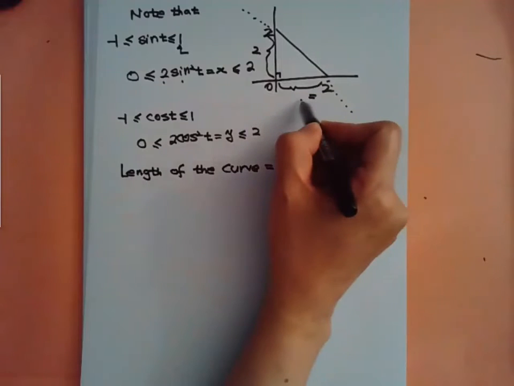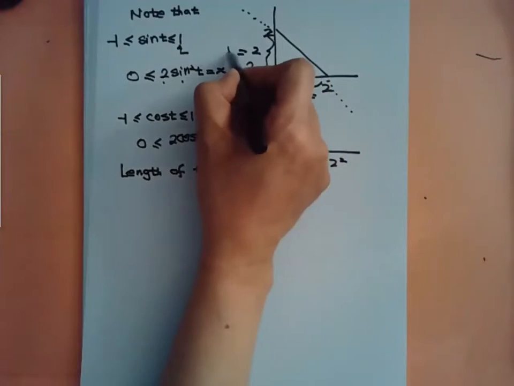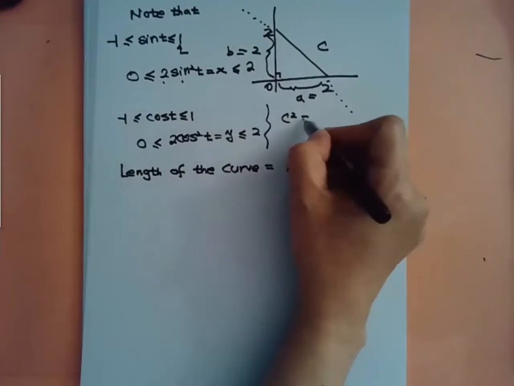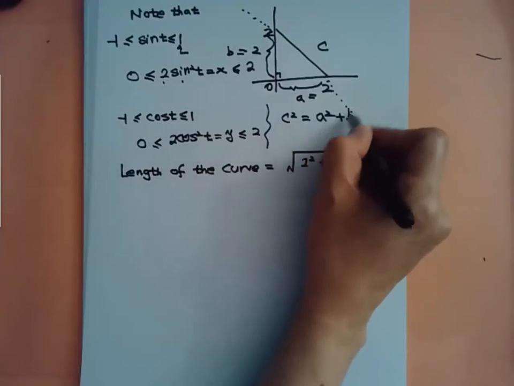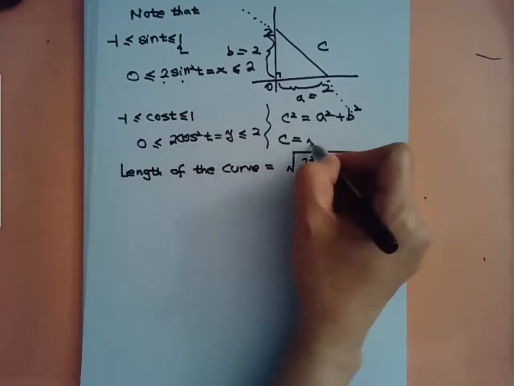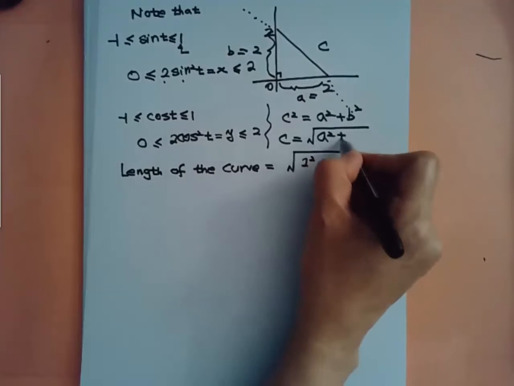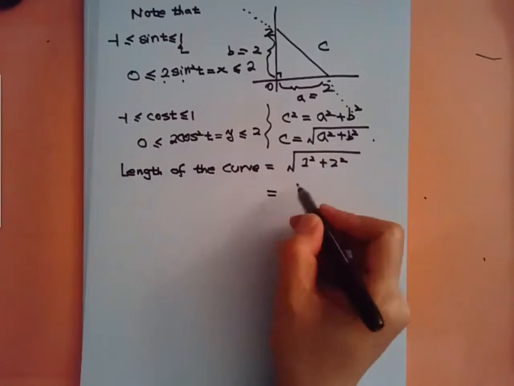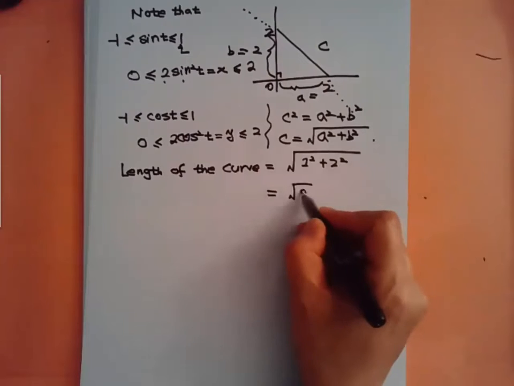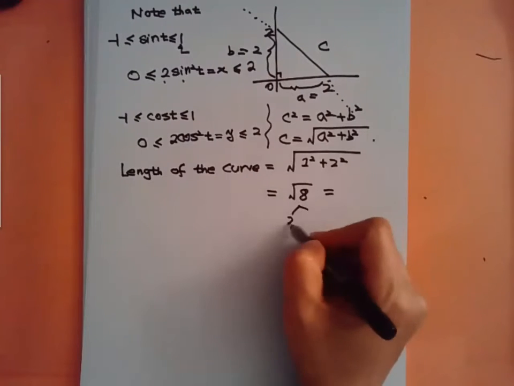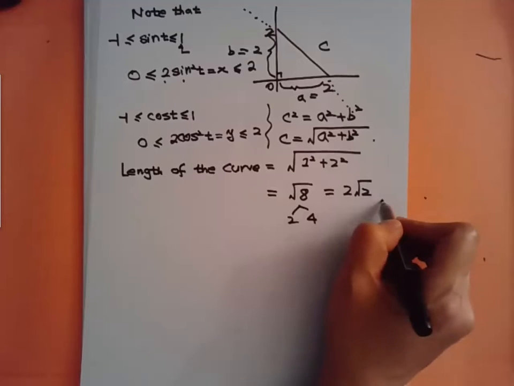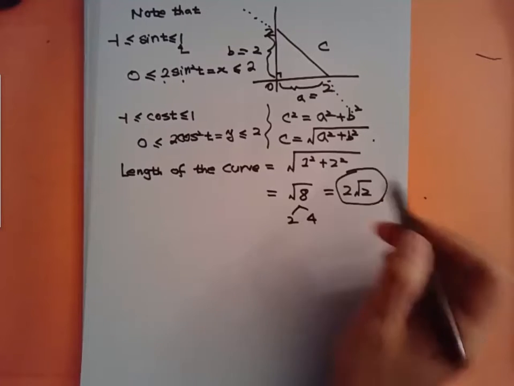What I'm using is the hypotenuse: c squared is a squared plus b squared, and so c equals square root of a squared plus b squared. So that is 4 plus 4, which is square root of 8. And then this is 2 times 4, and so that becomes 2 square root of 2. And so that is the length of the curve.